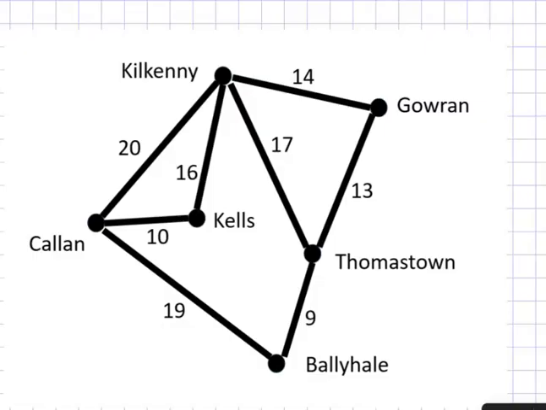Well, again, we'll talk about trees in a moment. This is the idea of a network, or a subgraph of that network, where we're connecting as few arc edges as possible, but we're getting all of the nodes connected. So I could, for example, connect up Thomastown and Ballyhale and Goran and Kilkenny and Kells and Callan, right?